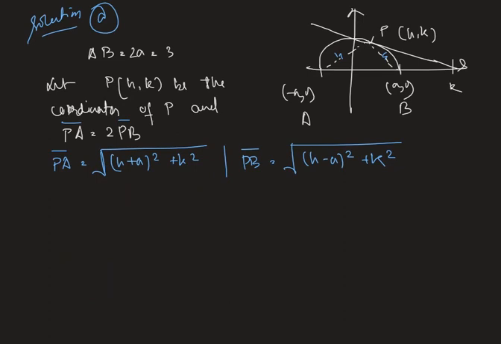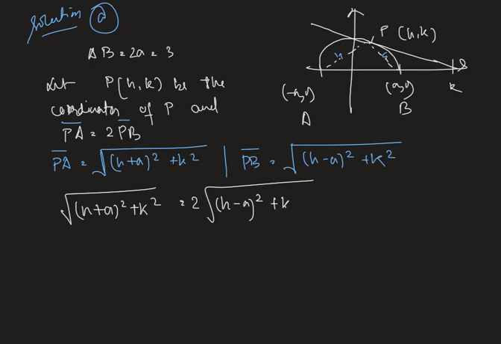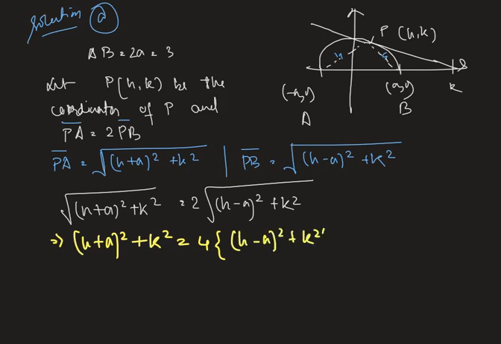Now we can write that root over h plus a whole square plus k square is equal to 2 into root over h minus a whole square plus k square, and this implies h plus a whole square plus k square is equal to 4 multiplied by h minus a whole square plus k square.